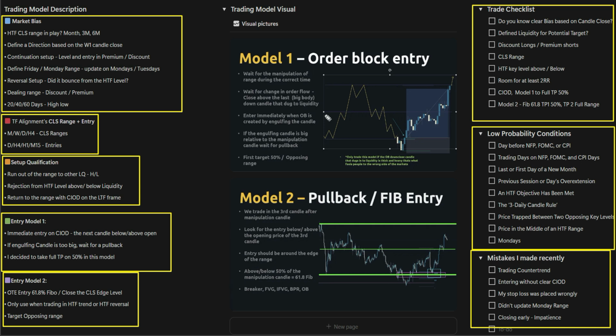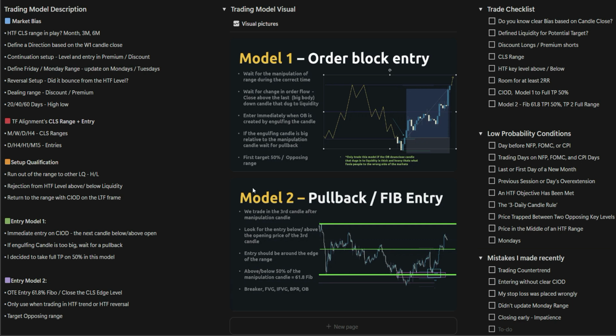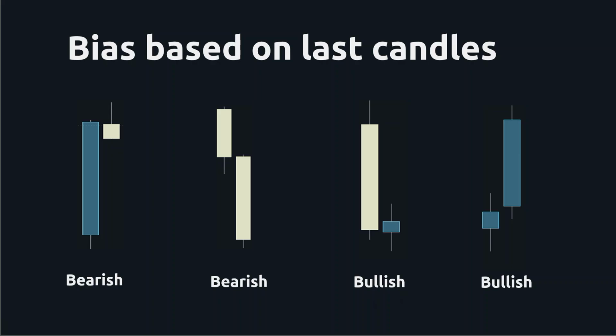And then obviously I have defined my entry model number 1 and 2. This is like a growth of the strategy, but it of course has more and more elements which come to the conclusion when you start doing it, right? We are looking at the bias based on the last candle closes, right?